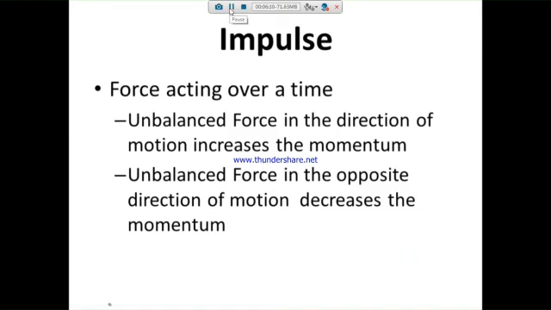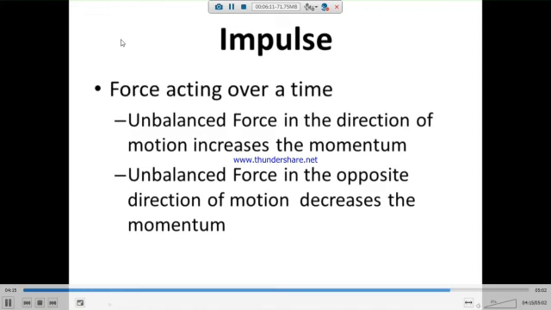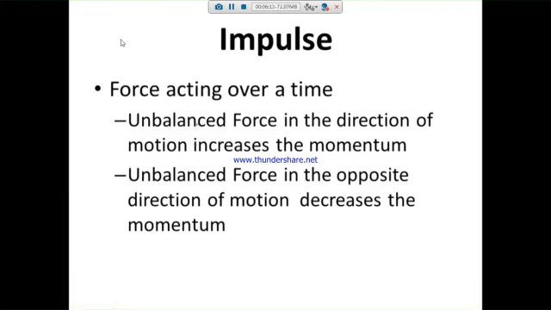Now, once you understand that when the unbalanced force is in the direction of motion, this is an example of you walking into the hallway and someone pushes you from behind, pushing you in the same direction that you are going.